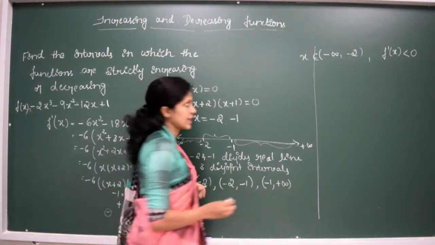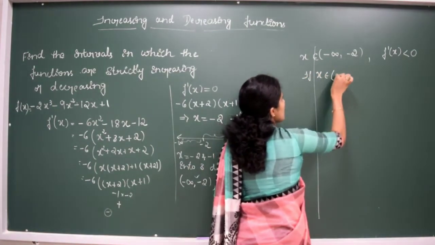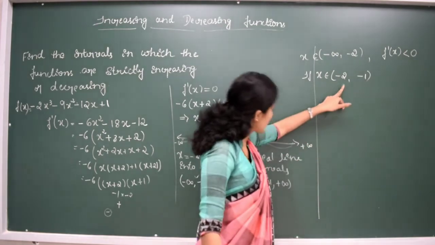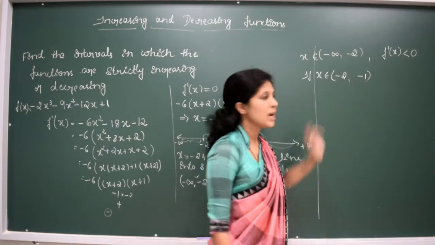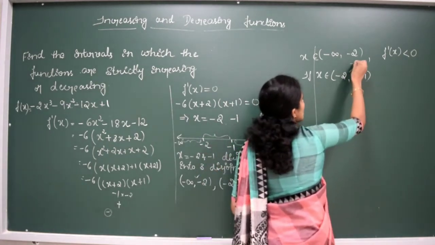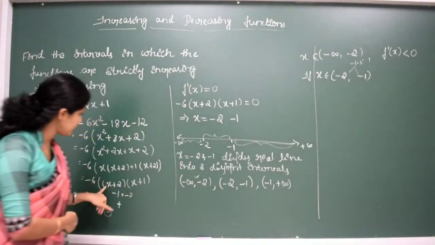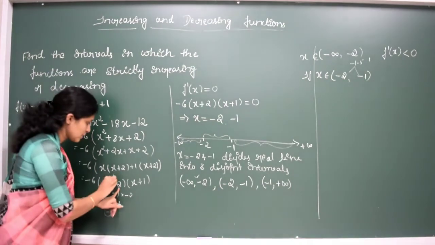We will consider the second one. If x belongs to minus 2 to minus 1, in between, minus 1.5 is there. You substitute the value minus 1.5. Minus 1.5 plus 2 is greater than 0, so this will be positive.